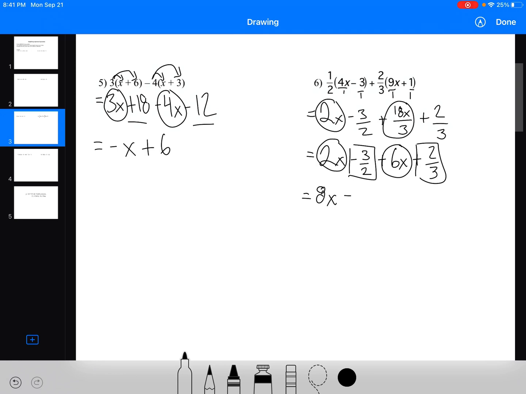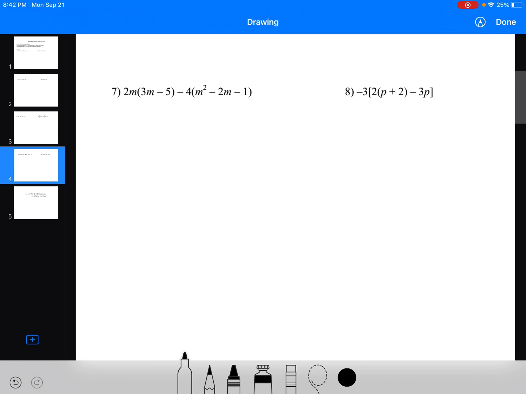When we're making a common denominator, we're going to multiply those two denominators by the other fractions. So 3 times 3 is 9 over 6 plus 2 times 2 is 4 over 6. So now I can go negative 9 plus 4 is going to be 8x minus 5 over 6.